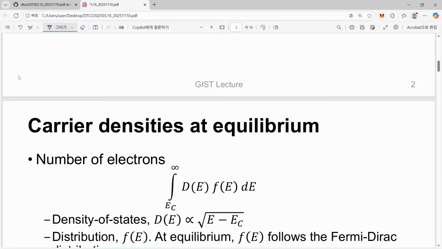Although the structure was quite simple, it was divided just half to half: this is a p-type region and this is an n-type region.